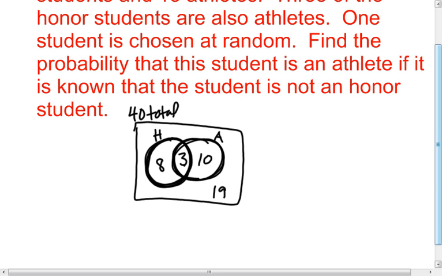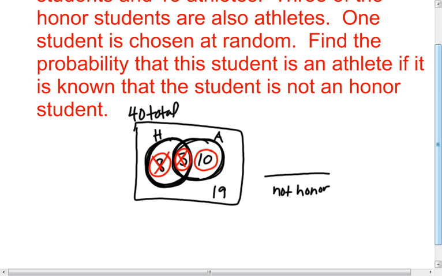Now, the question becomes, find the probability that this student is an athlete if it is known that it is not an honor student. So on the bottom, what you need is those students that are not honor students. They can't be an honor student. If you look here, this number fits into the honor circle. That's not going to work.